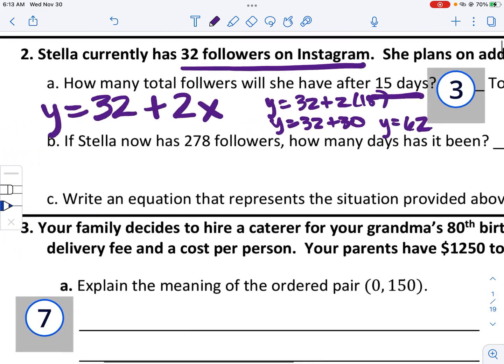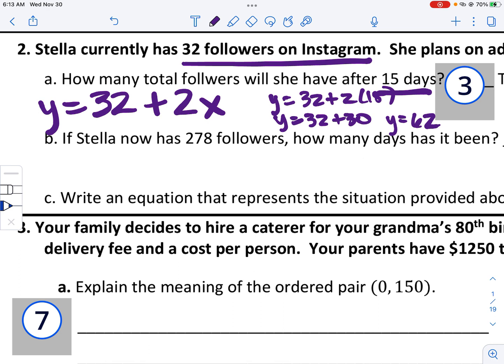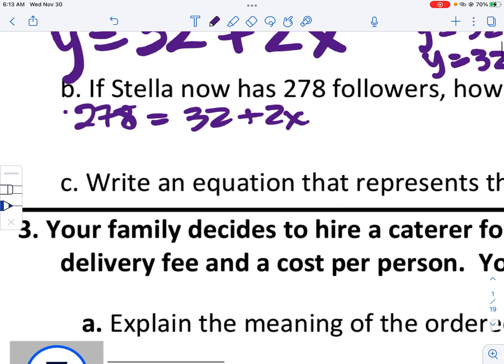Now this says how many followers. It wants to know how many days. Remember, x is our days. So we're replacing y. I'm going to put in 278 equals 32 plus 2x. And we solve like we've been solving for a while. I subtract 32 from both sides.